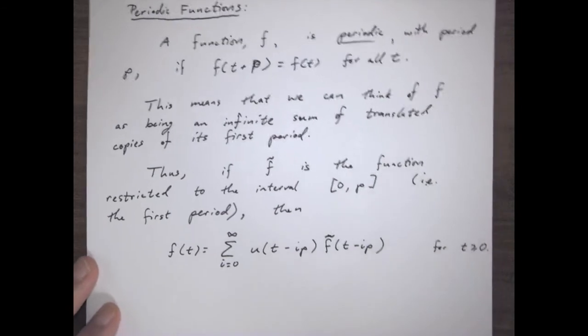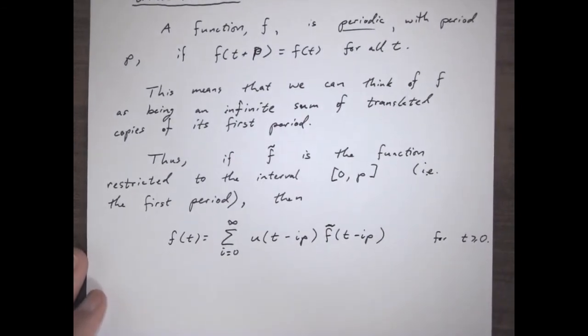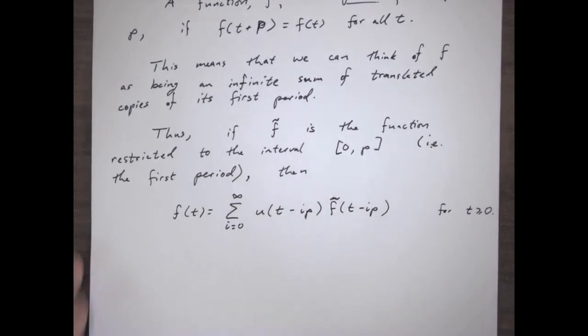For all Laplace transforms, we are only ever really interested in t being greater than or equal to 0, because that's where the interval that is in question is in effect.